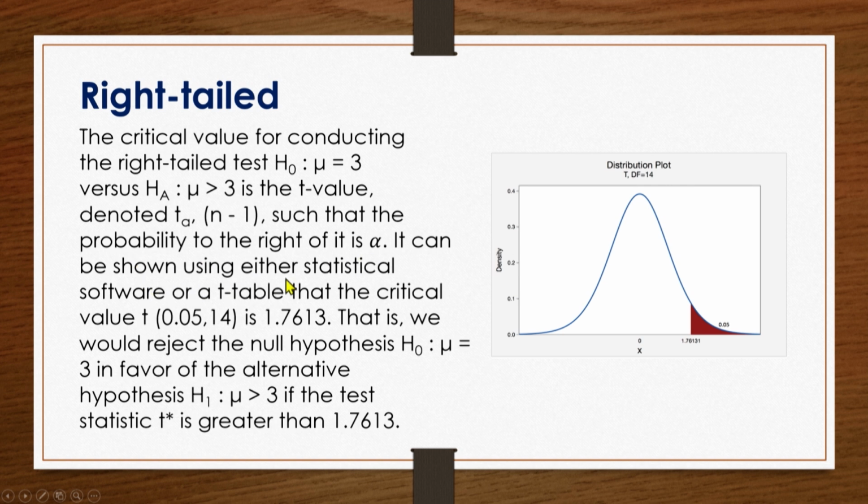It can be found using statistical software or obtained from the t table that the critical value of t for 0.05 with 14 degrees of freedom is 1.7613. That is, we would reject the null hypothesis H0: mu equals 3 in favor of the alternative hypothesis H1: mu is greater than 3 if the test statistic is greater than 1.7613. This is for the one tail test.